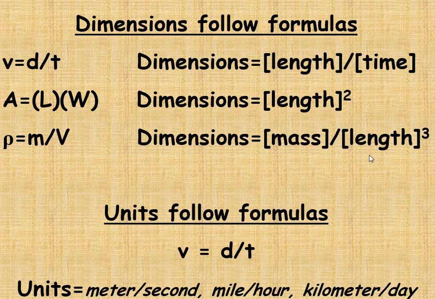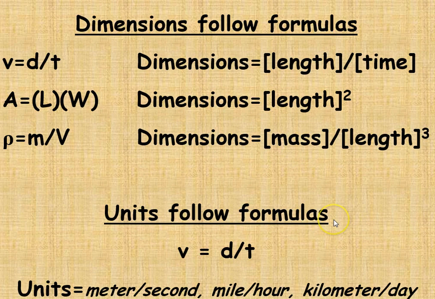And if you think about it, all volumes can be expressed as length cubed. If you think about calculating the volume of a box, or even the volume of a sphere or a cylinder, you're always essentially multiplying three lengths. So the dimensions of formulas really don't change. Each formula will have specific dimensions which remain the same forever.